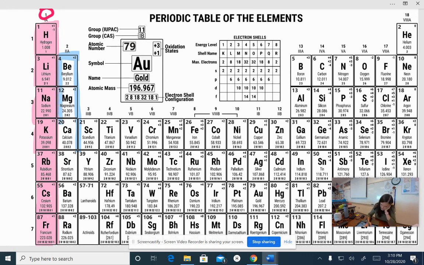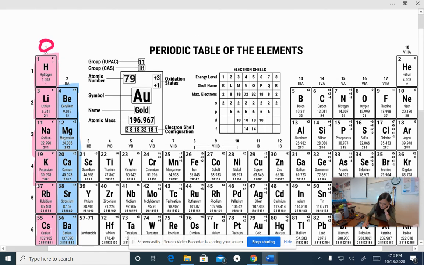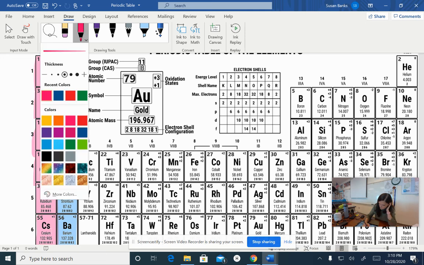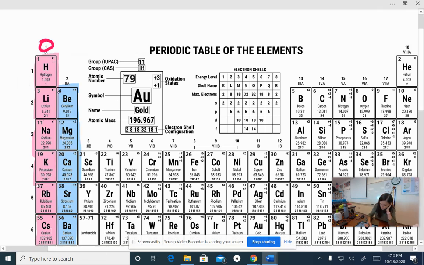So each of these elements right here has 2 valence electrons. I'm going to mark that we have two valence electrons there. Notice our group numbers so far correspond with how many valence electrons we have in the outermost shell. Remember, a valence electron is in the outermost shell.